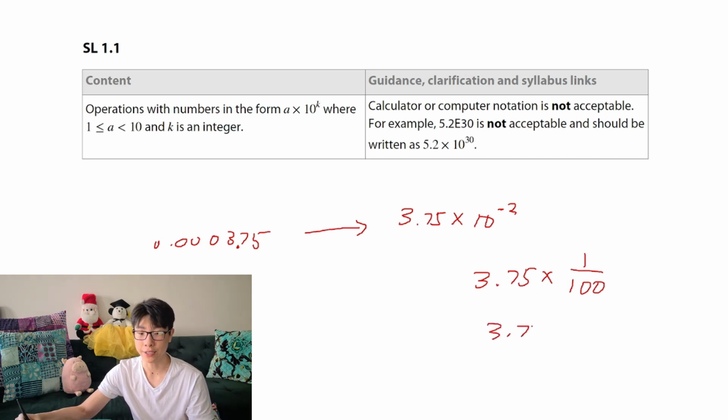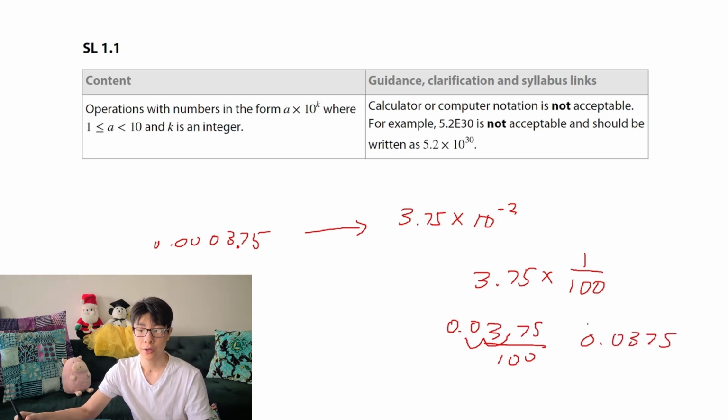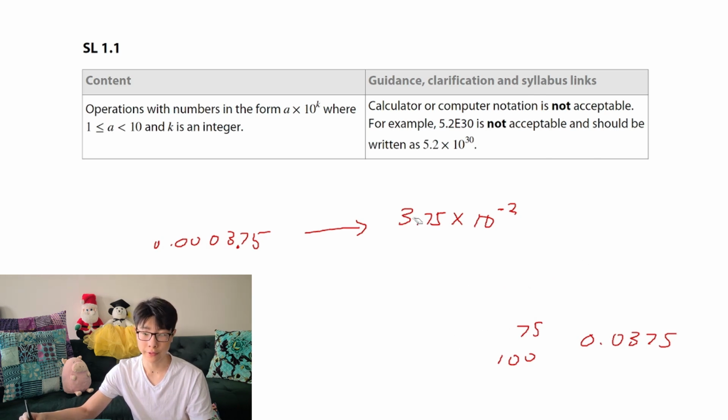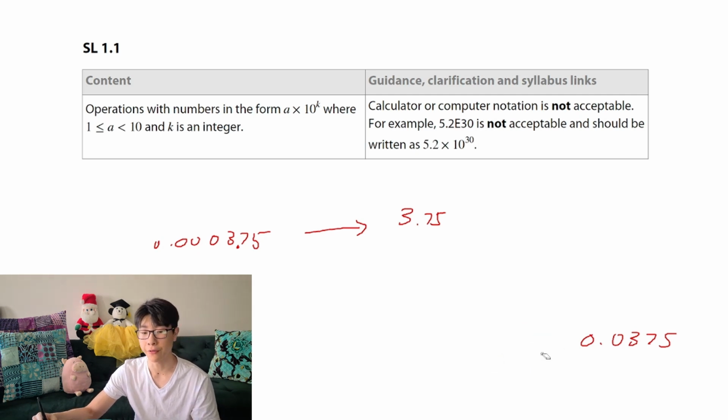And that's the same thing as 375 divided by 100. And if we know we're going to divide some number by 100, we're going to move its decimal place twice to the left. And in this case, we're going to be left with 0.0375.